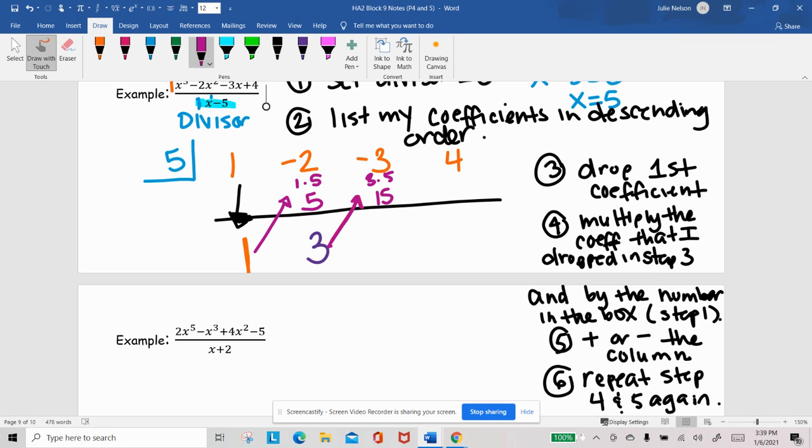And then I add and subtract going down. -3 plus 15 is 12. The number that I drop was the number 12. I multiply by the number in the box. The number in the box is 5. So 12 times 5 is 60. And I add and subtract going down. 4 plus 60 is 64.